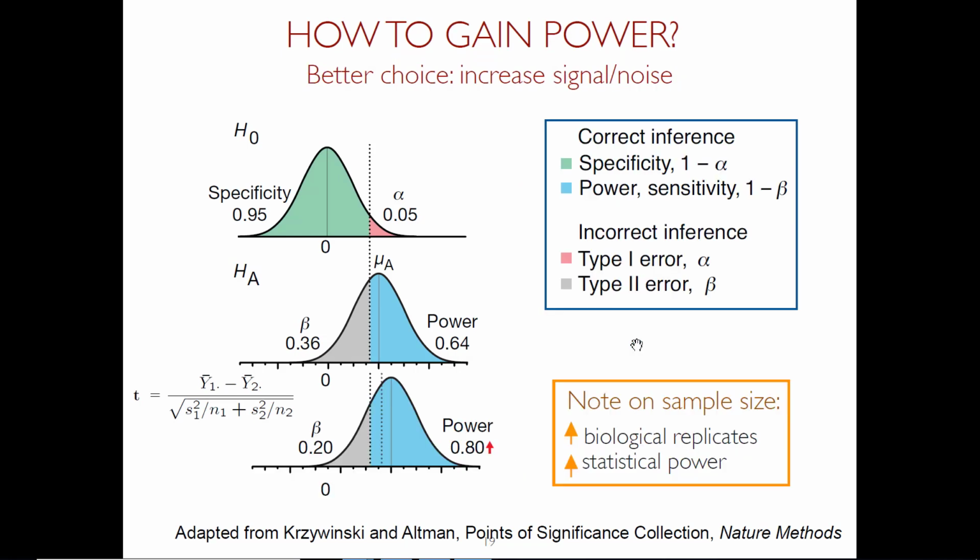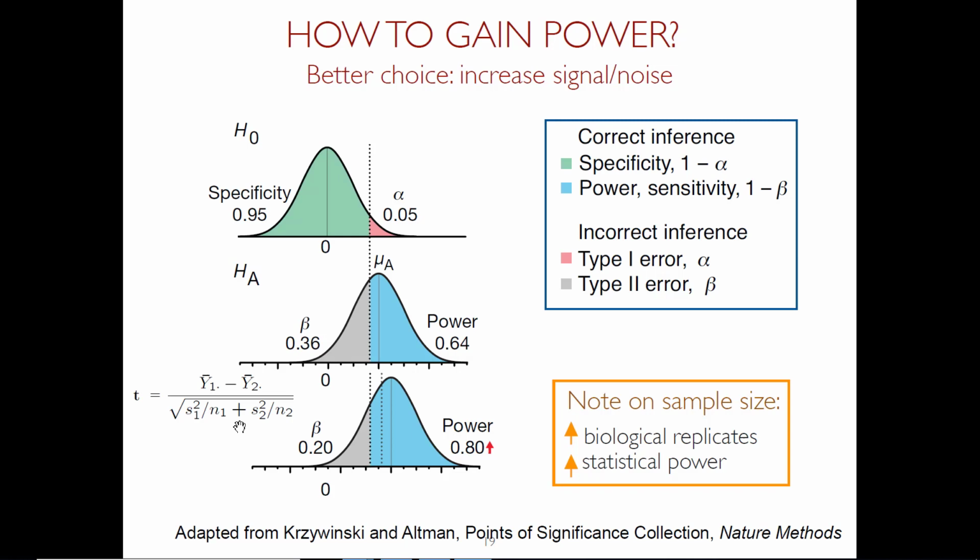A better way is to increase the sample size, right? So we just said that this is what happens when there is no difference between the groups. If the first group is larger, this will shift to the right. How can we make this histogram of signal to noise shift to the right more? Well, if in reality there is a bigger difference between the groups, it will shift to the right.